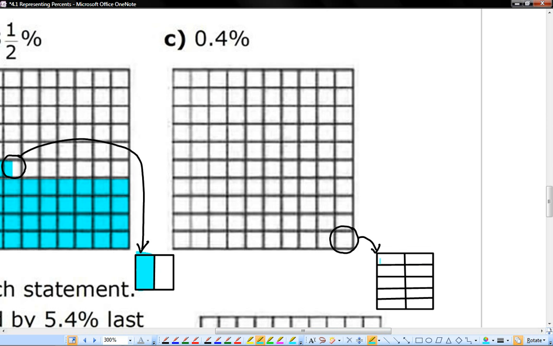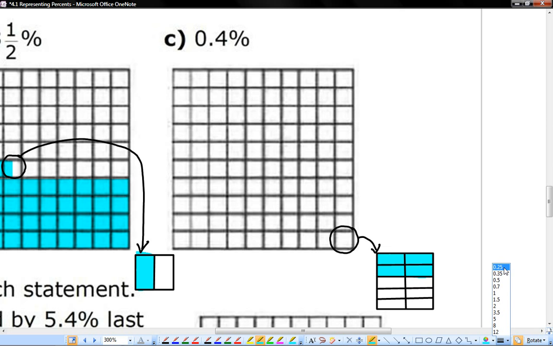So when I shade in 4 out of 10, that's 4 tenths, which of course as a decimal is 0.4. And so that's how you can do this one. So that's what it looks like when it's blown up.